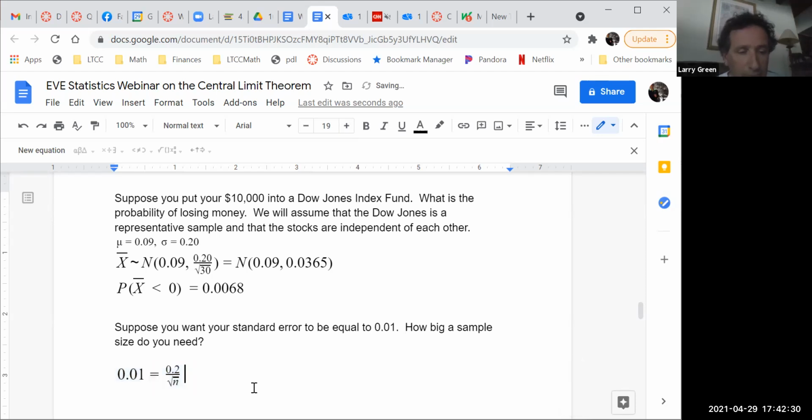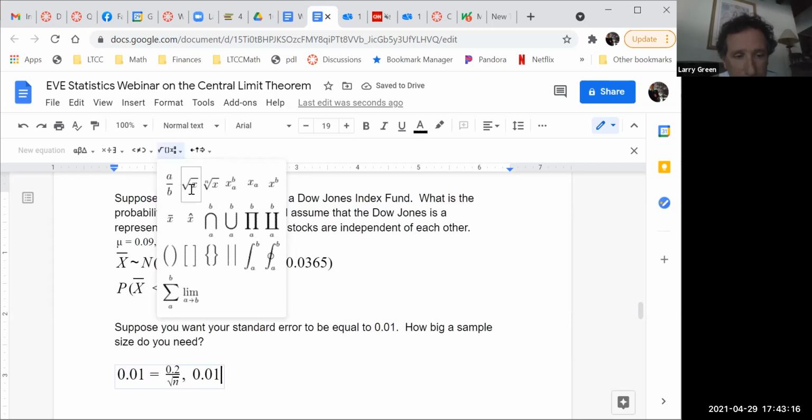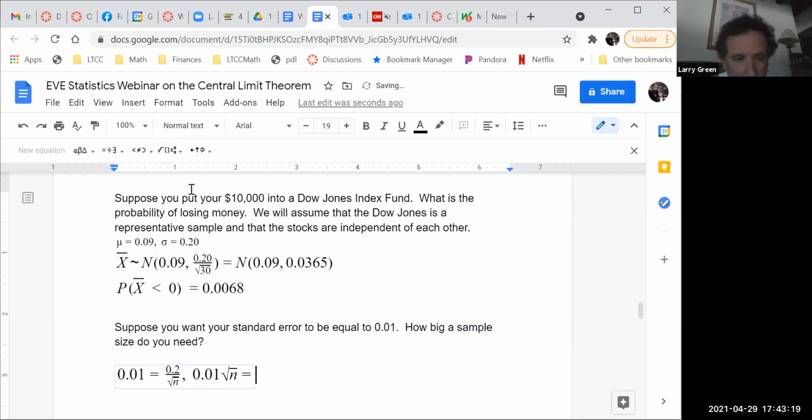Any questions on that? All right, we need n. How do we get n? Little algebra, basic algebra. So how do we find n? Not quite. Let's do the algebra. Root n is in the denominator, so we can multiply left and right by root n, and you get 0.01 times root n equals 0.2.